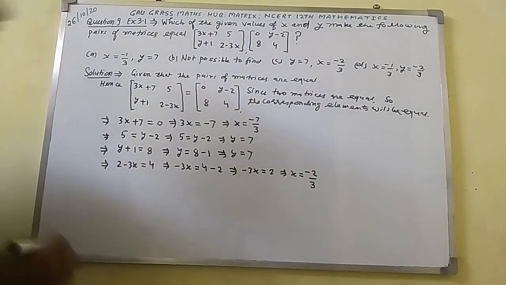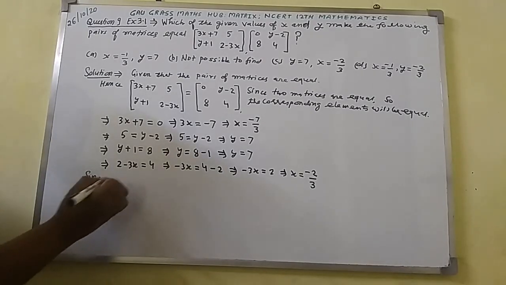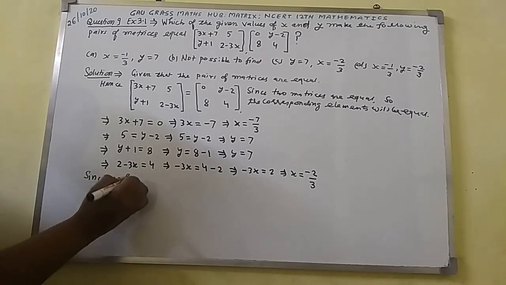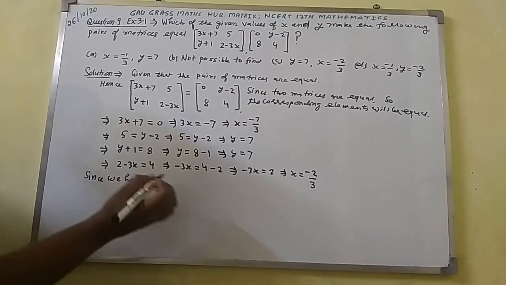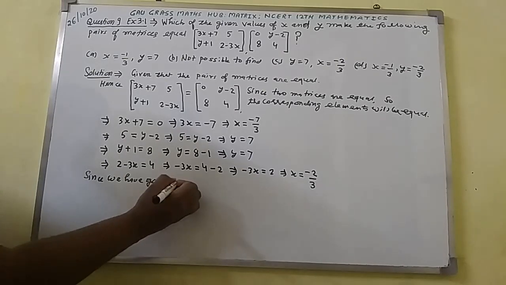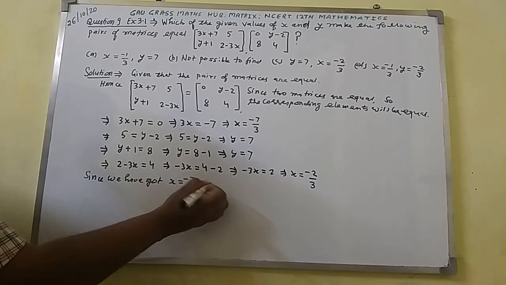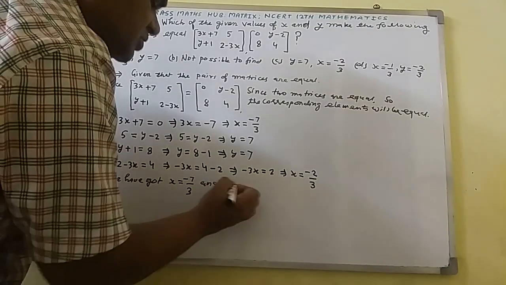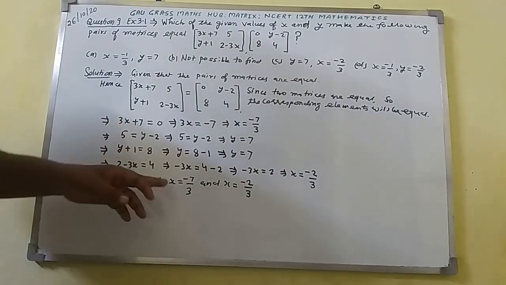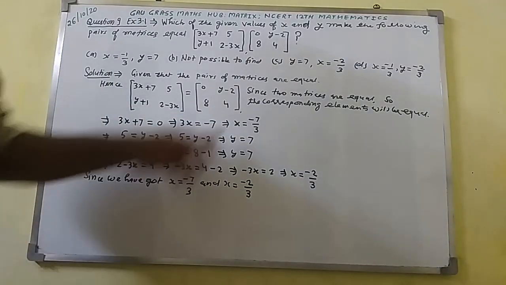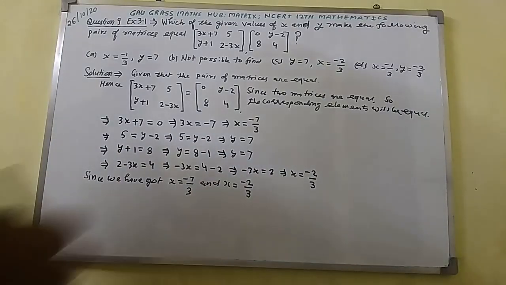So here I shall write, since we have got x equal to minus 7 over 3 and same you have got x equal to minus 2 over 3. Here you have got x equal to minus 7 over 3. Here you have got x equal to minus 2 over 3.